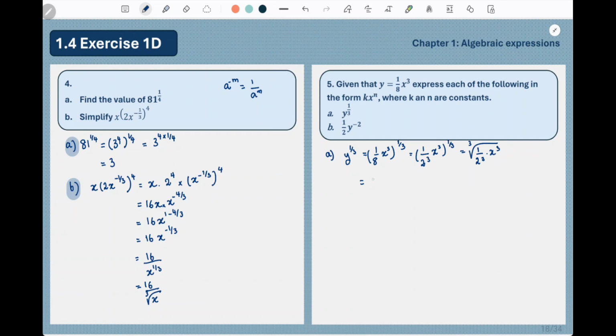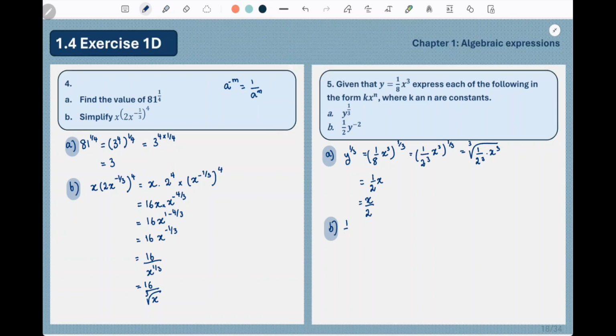So we're going to be left with 1 over 2 x, which we can rewrite as x over 2. In this case, my power n is 1, and my k is 1 over 2. So indeed, we've written it as required in the given form.